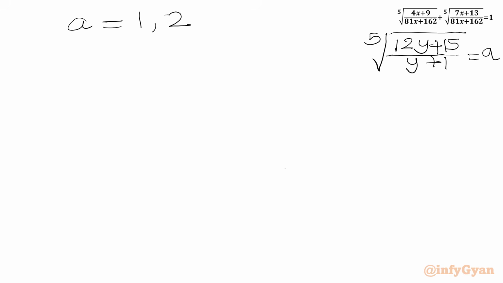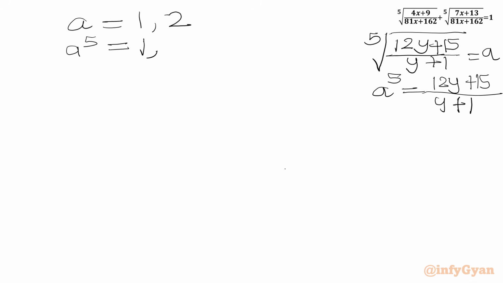So we will raise power 5 both sides and write a^5 will be (12y plus 15) over (y plus 1). So let's find out a^5 from here: 1^5 is 1, 2^5 is 32.